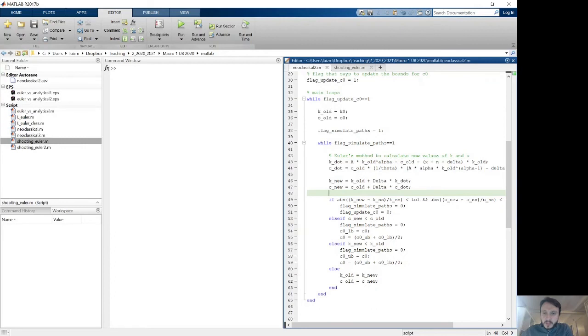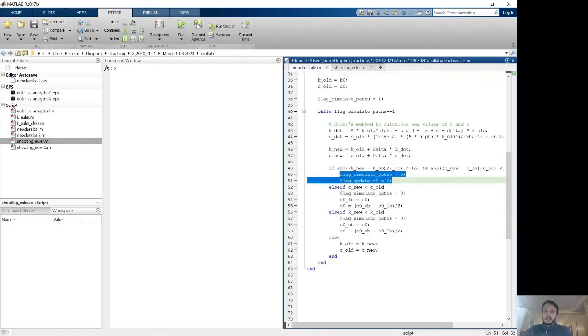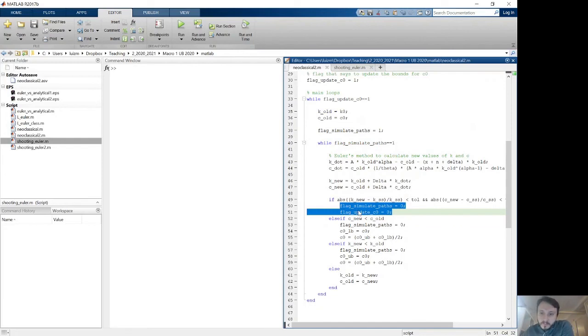First, if the code gets to this line, we will say to MATLAB, look MATLAB, you don't need to keep simulating the paths of consumption and capital, and we don't need to update the values of C0 because we already have found a good approximation for C0.